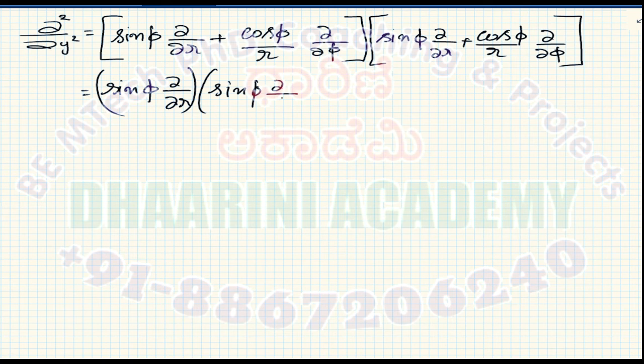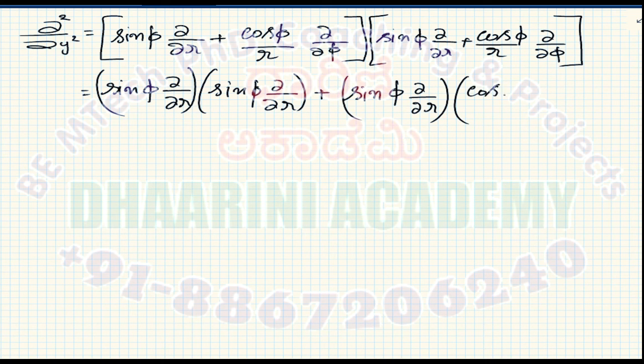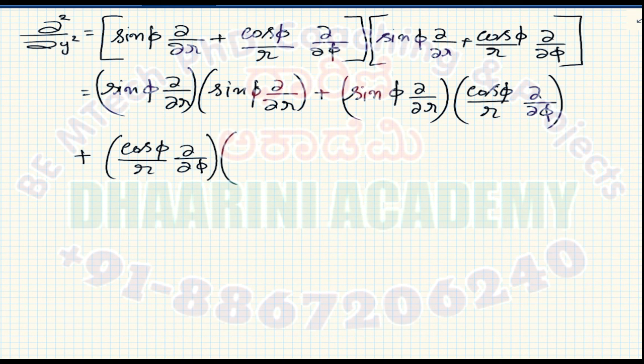sine phi dou by dou r, first term, plus the same thing is multiplying with the last term of the second term, that is sine phi dou by dou r is being multiplied with the cos phi by r into dou by dou phi. The third term is once again plus cos phi by r into dou by dou phi.